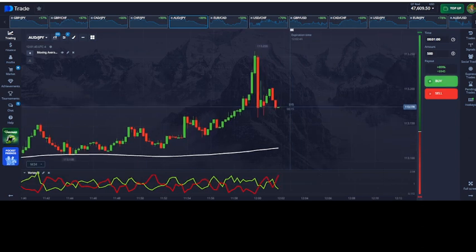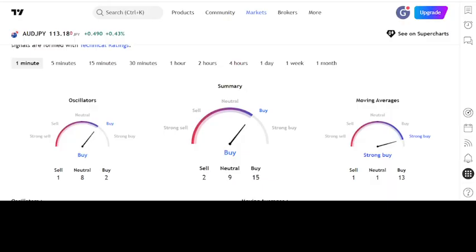All right, so let's take another buy trade here. Once again, the price retraced downward here, but the technical indicators on the 1 minute time frame are still giving us buy signals. Here, the oscillators, the moving averages, still strong buy. So the summary is giving us a strong buy.